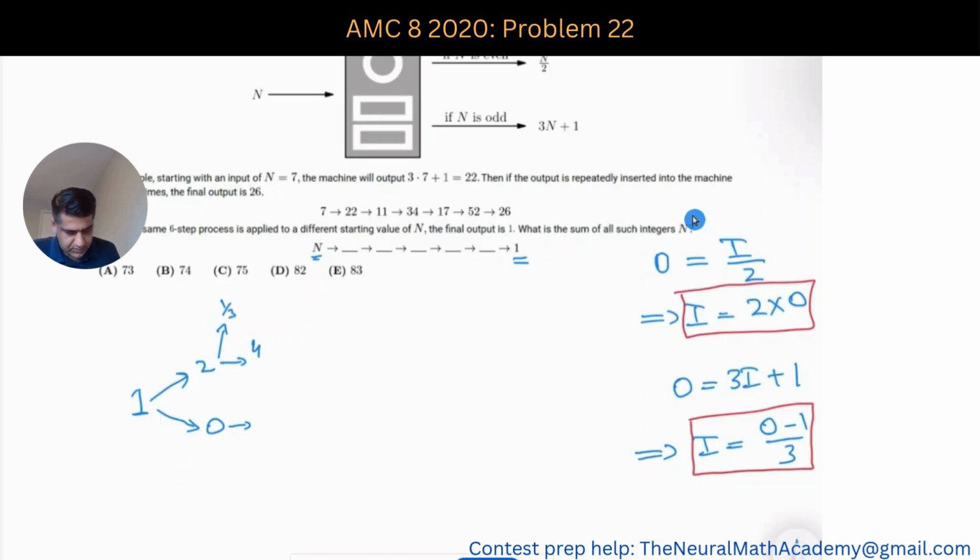And if I apply this to 0, I get 0 and I get negative 1 over 3. From here, if I see, this is not possible, this is also not possible, and also this is not possible, it will just keep repeating. So now let's move with 4.